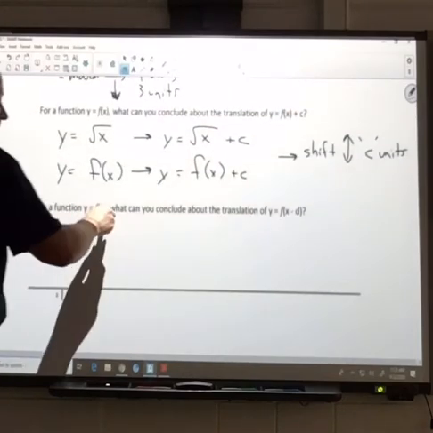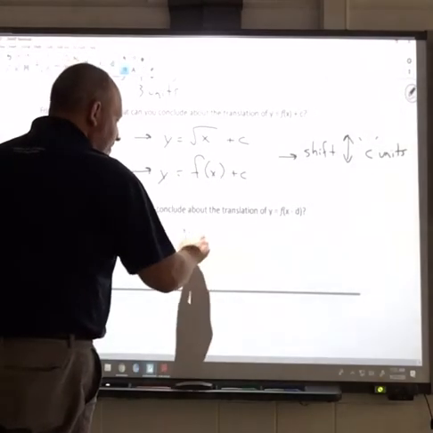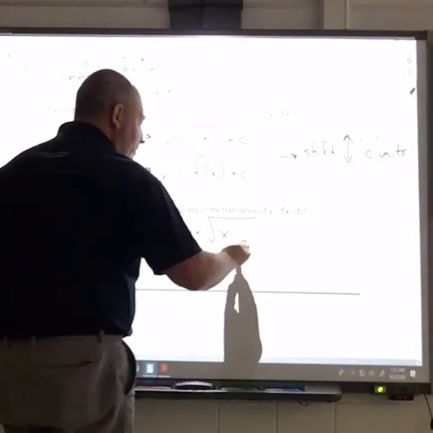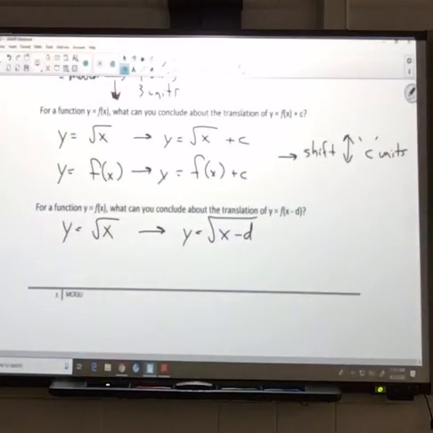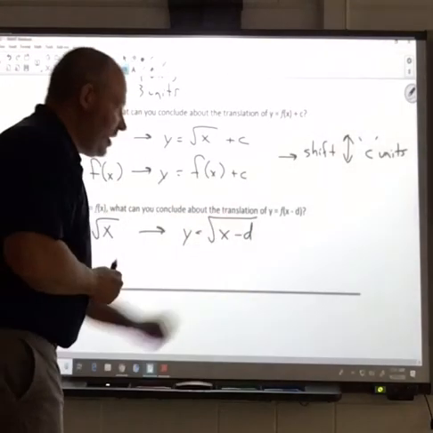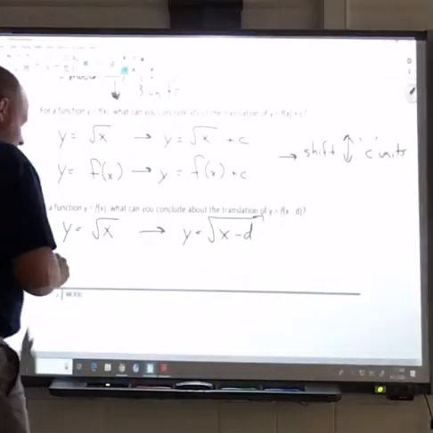For a function y equals f of x, like y is equal to the root of x, if we go y is equal to the root of x minus d, and we use the letter d, that's the one that's inside. See what's inside the square root? It's like in the square root itself.